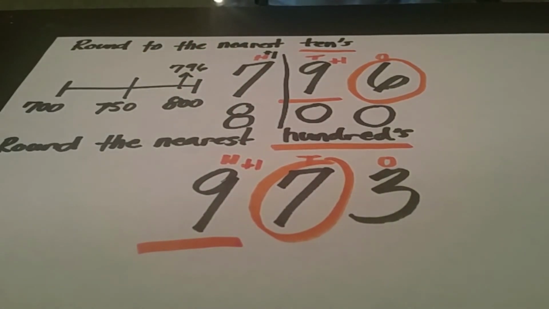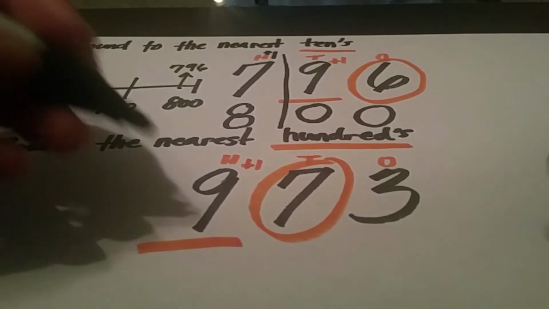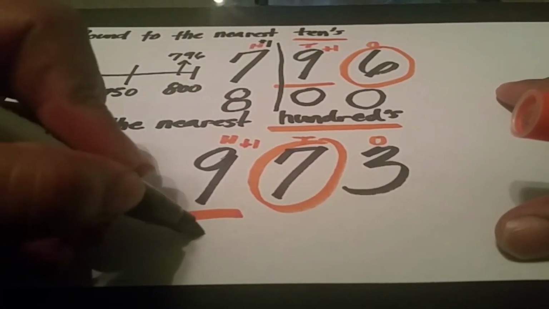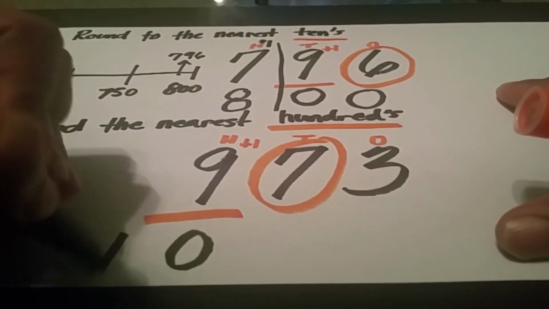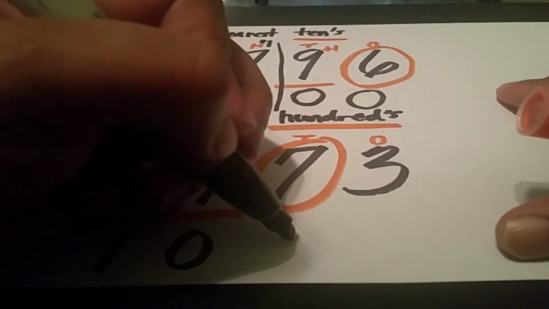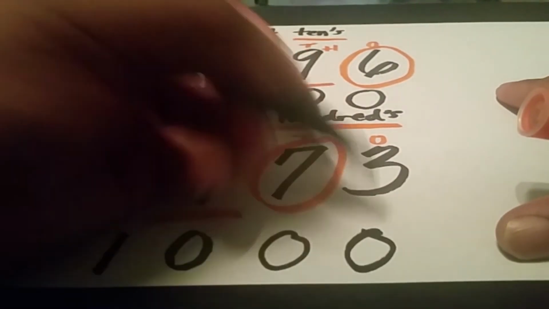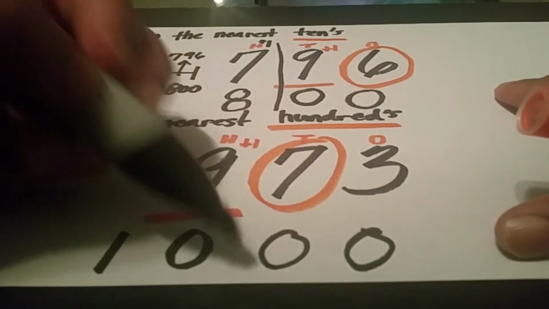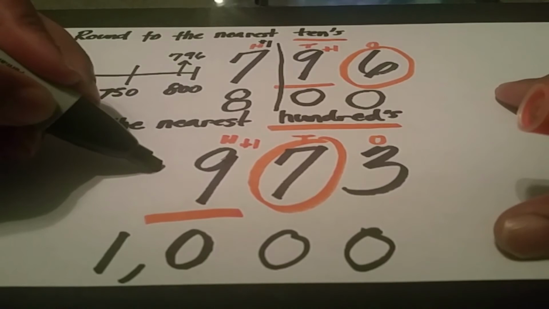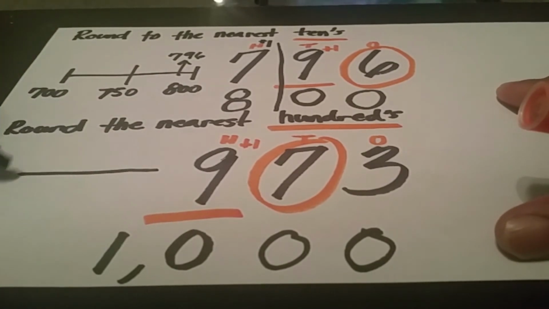And if we add 1 to the 9, it becomes a what? You're correct. It becomes a 10. And now everything behind changes to what? Zeros. We count over 1, 2, 3. Every 3 digits we add a comma. So our answer would be what? 1,000.